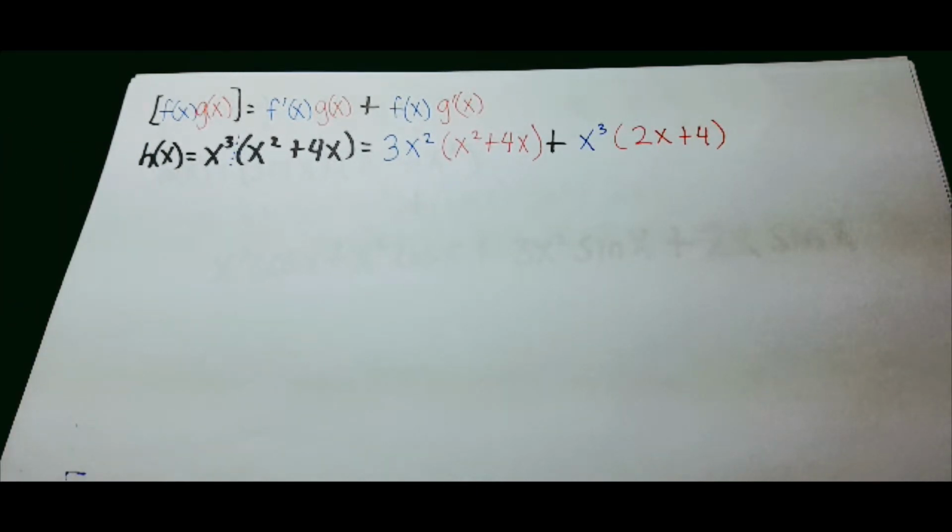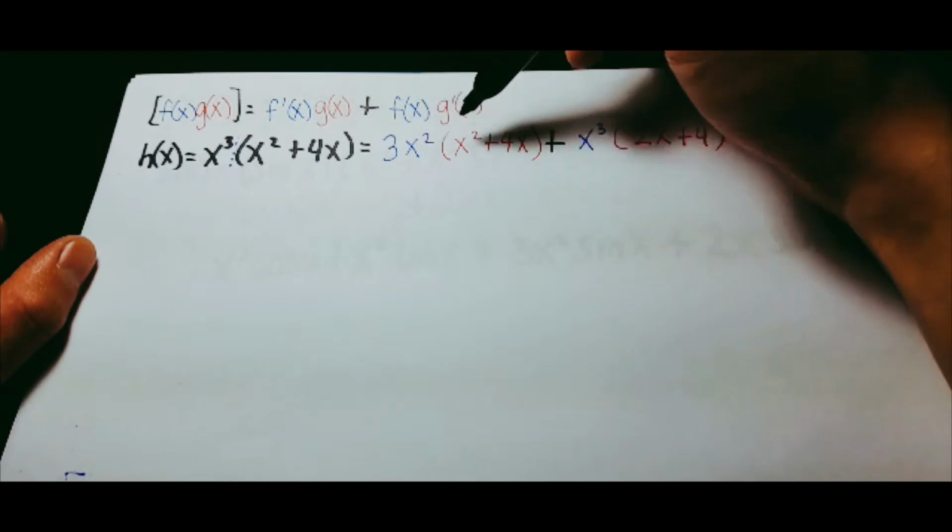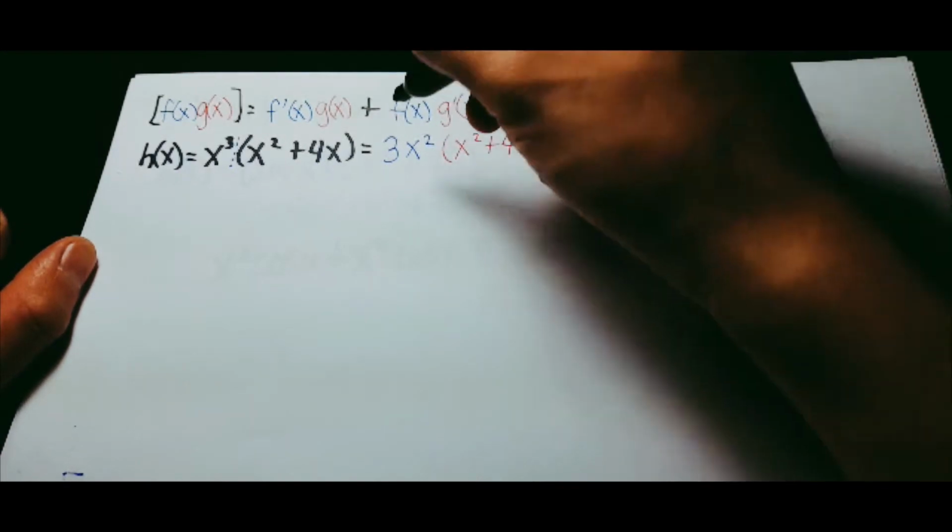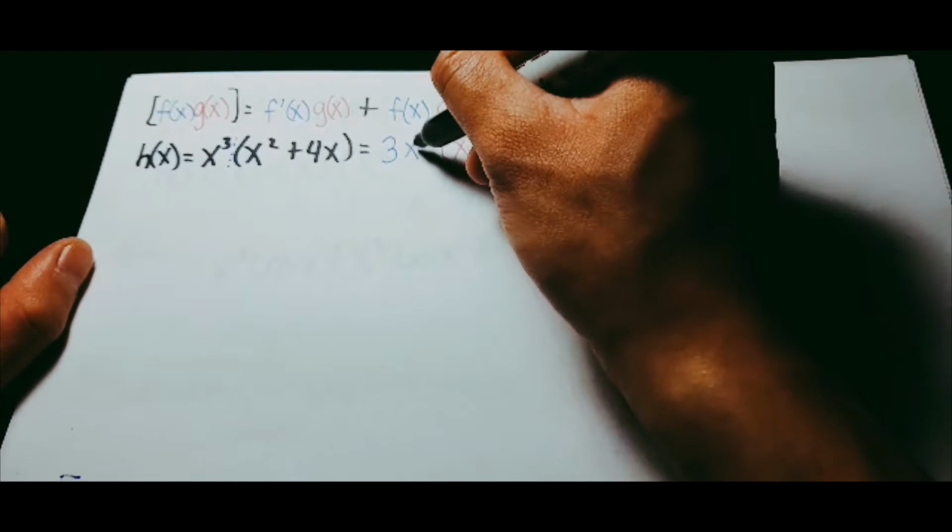Okay, so using algebra, I can just multiply 3x squared to x squared plus 4x, which in this case is going to be 3x squared times x squared.